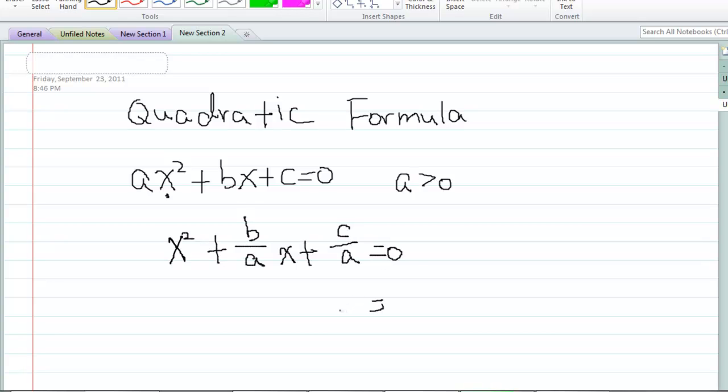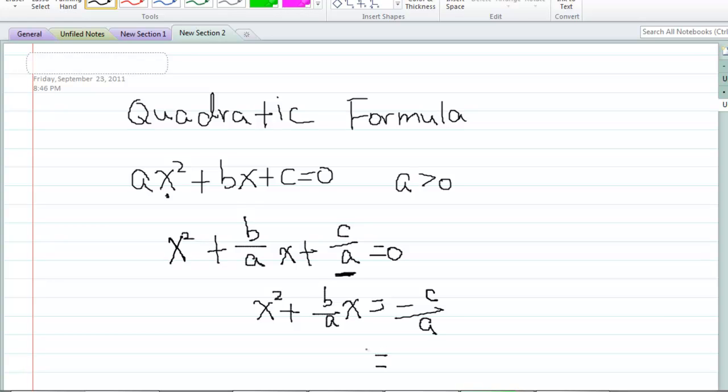Second step, we can use completing the square to solve this. We move the constant term c over a to the other side, so we subtract it from both sides, and it turns out to be negative c over a.